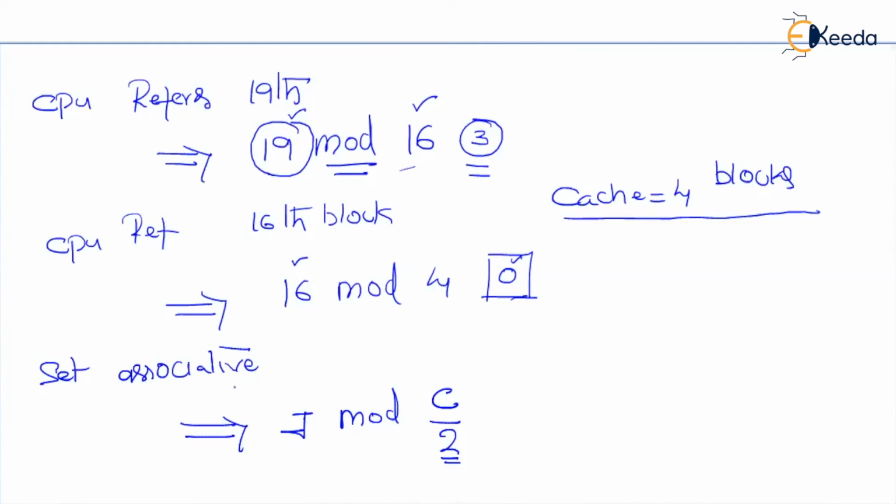So in set associative mapping, J mod (C by 2). In 4-way, it will be J mod (C by 4), because in 4-way, the total number of sets will be divided by 4 from the direct mapping. So this is what the mapping technique is all about.